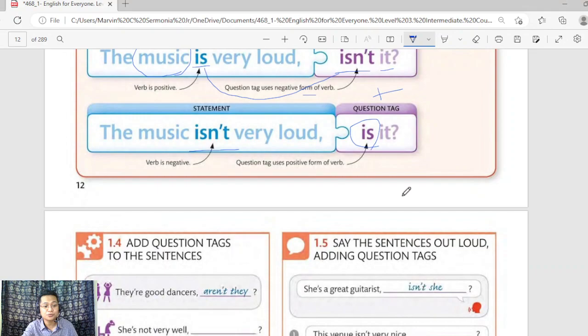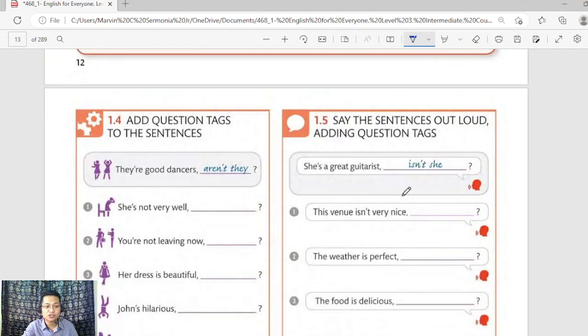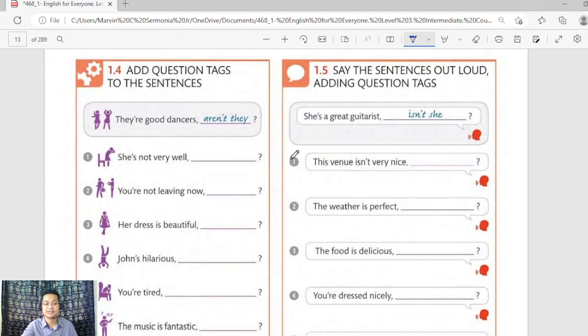Now, for you to practice your knowledge on question tags, let's try to do the following examples. Add question tags to the sentences. We have an example already. They're good dancers, aren't they? It's the word aren't they, because again the verb here is are, and since this is positive, the question tag must be negative.